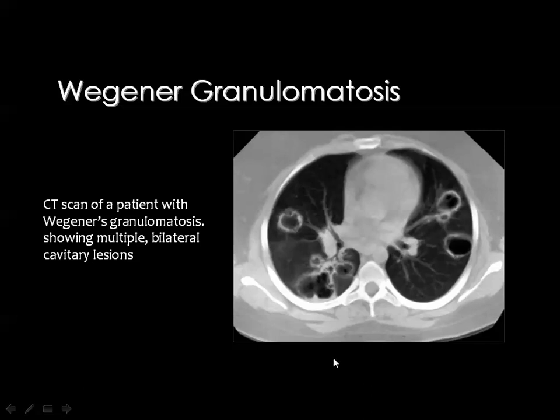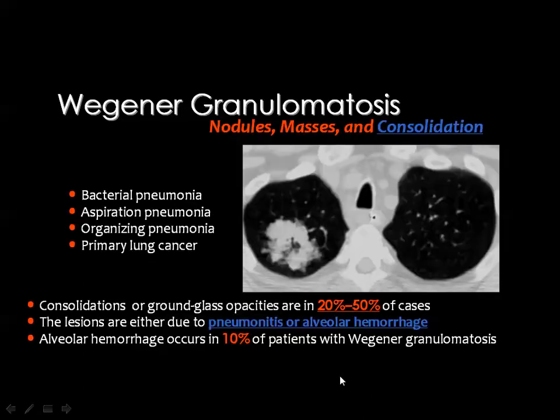And if you remember, I mentioned previously in the first part of this lecture the differential diagnosis of cavitating pulmonary nodules, and I included the vasculitis, especially Wegener granulomatosis. Wegener will start with miliary nodules that coalesce to form larger nodules. Then nodules more than 2 centimeters will cavitate, forming multiple cavitary lesions.